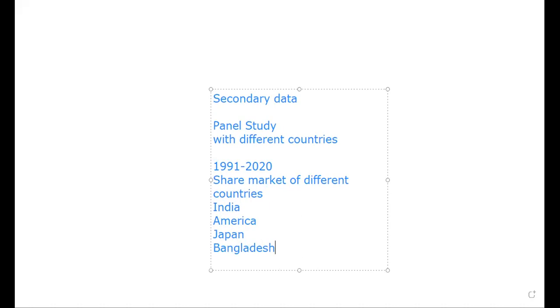So when I involve different countries with a time period, that is called panel study. If I am going to study only one country, like only India, that means I am conducting time series analysis.